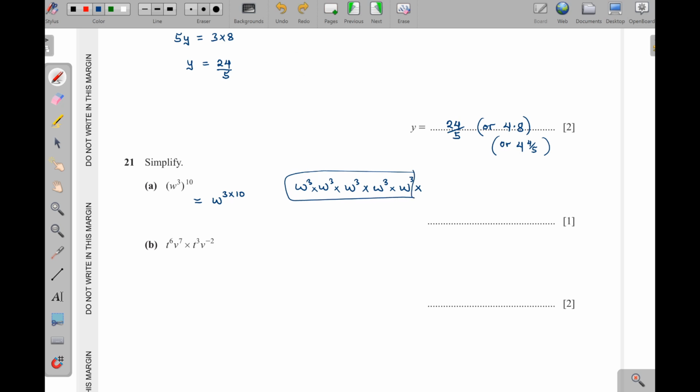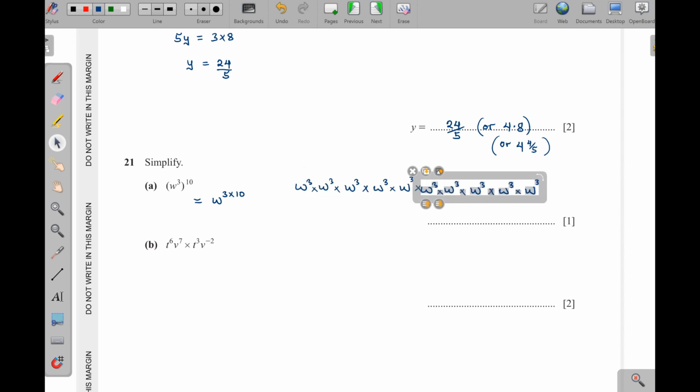If they are 5, let me just duplicate them to make 10, so they are 10. So don't you think you're going to have w, then 3 plus 3 plus 3, 10 times. So that's why we multiply these numbers. You see that? So this one is going to be w to the power 30.